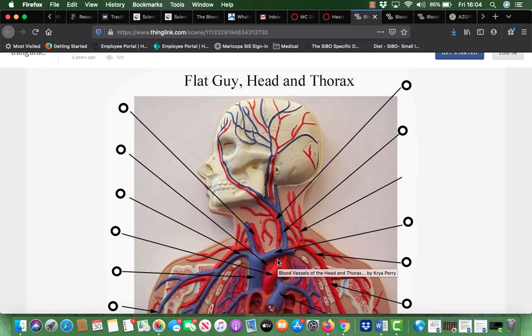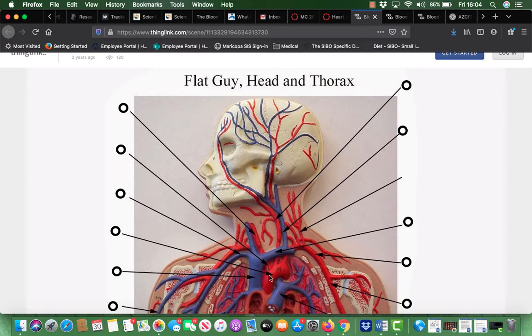So that's your left common carotid artery. So again, the C in BCS is for common carotid. And then the S here is for subclavian. So there's the left subclavian artery. Now, I know it's strange that you have the brachiocephalic right on this side, and then for the left side, it's branched into the left common carotid and left subclavian.